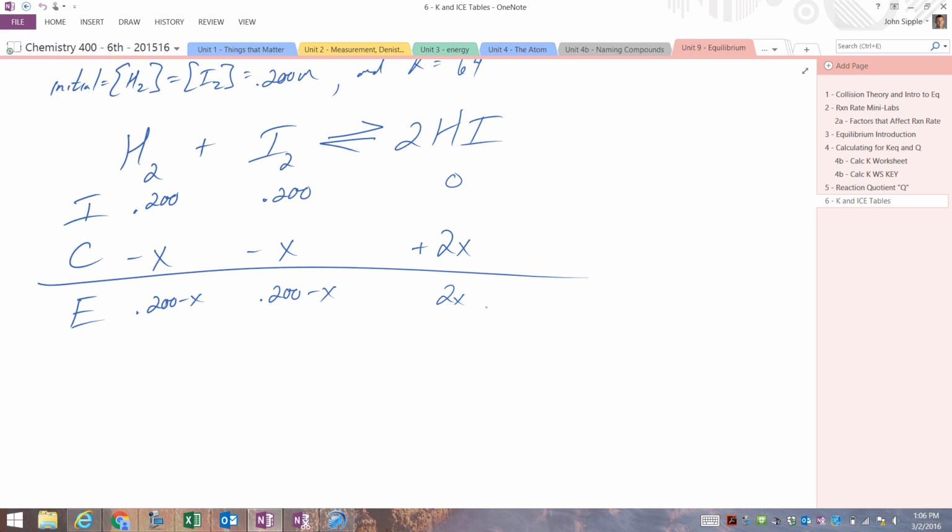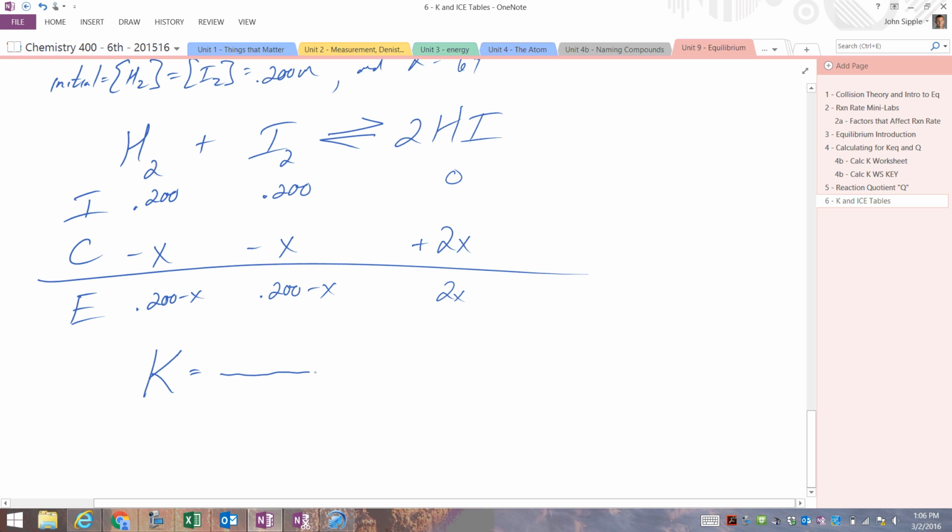All right, let's plug this into our K expression, just without any numbers in it. What goes on the top, what goes on the bottom? Carly, can you tell me? The concentration of HI squared on top.